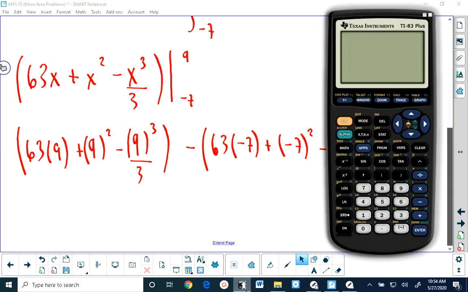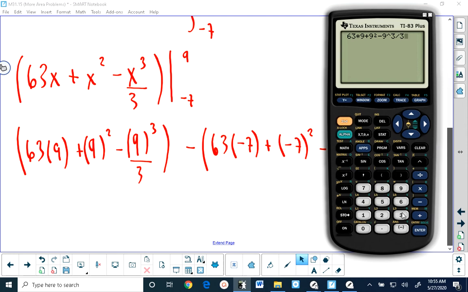Again, I really don't feel like trying to crunch any of these numbers in my head, so 63 times 9 plus 9 squared minus 9 cubed divided by 3. Now, I'm not putting brackets around the 9s in my calculator because 9 is a positive number, so it's not going to matter.